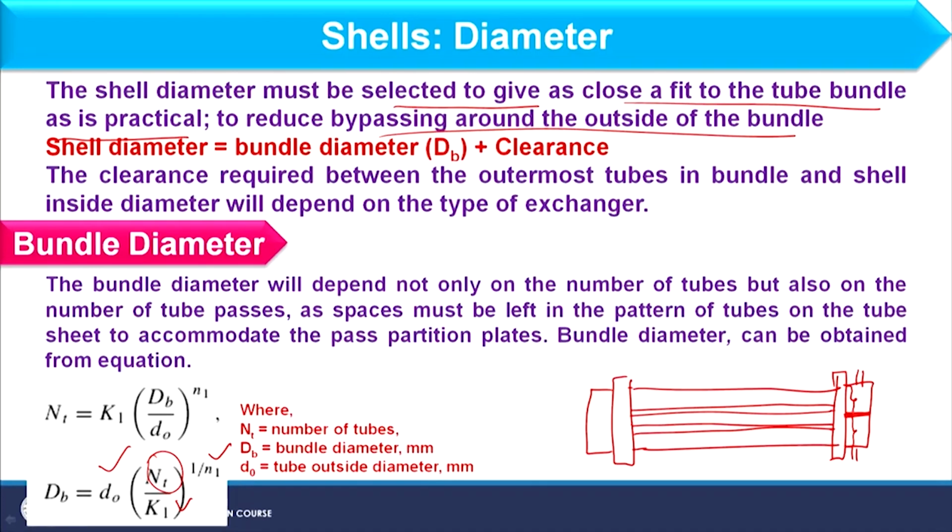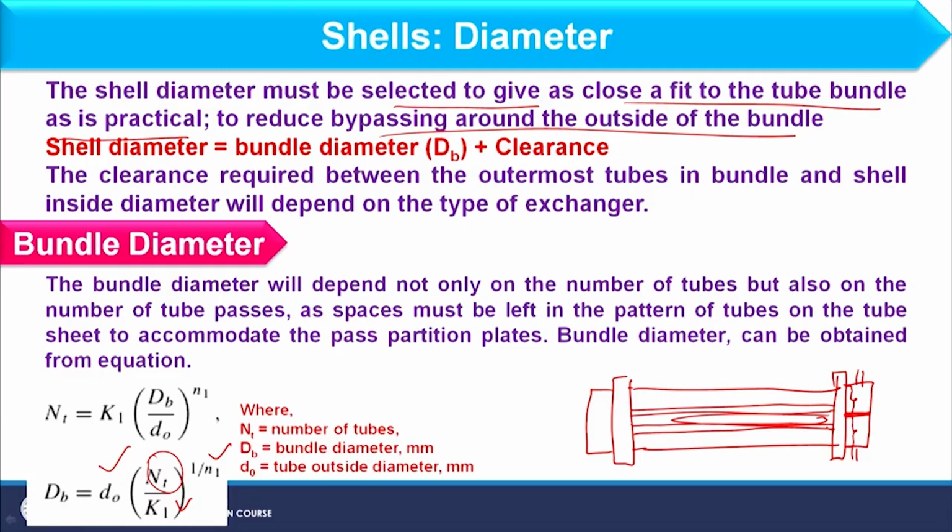Fine. So if you consider this pass partition plate, corresponding to this, the space in shell is empty. Okay, because no tube is lying in that region, and therefore whatever liquid is available, it will be like liquid is available in a dead zone. Fine. So wherever I am having the pass partition plate in tube side, corresponding to that no tube is available in shell side, and we have to keep that space empty, and therefore the shell diameter and therefore the bundle diameter increases if we keep on increasing the passes.